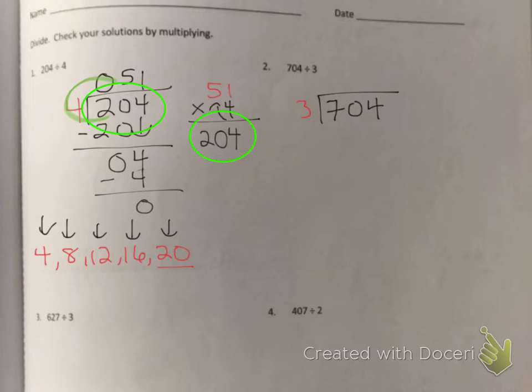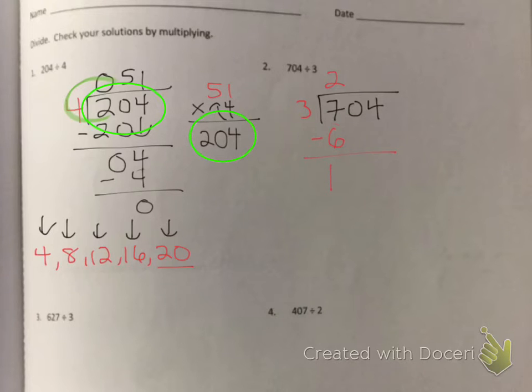And here I have 7, so I definitely have enough. 1, 2, 3, 4, 5, 6, and 7. I got 3 and 6. So I have 2 groups. We are going to be subtracting 6 because I got 3 and 6, and we should have 1 left over here. So let's subtract 6, and we should get 1 remainder.